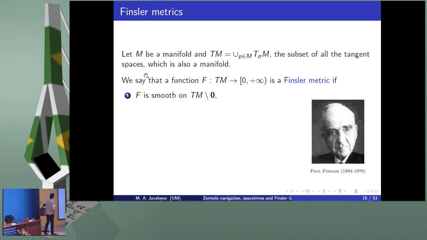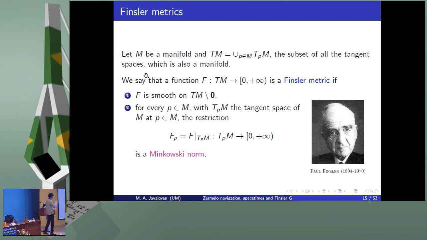So a Finsler metric is a function on the tangent bundle, on this union of tangent spaces, such that it's smooth away from the zero section, the only point where maybe it is not smooth, and the restriction to every tangent space is a Minkowski norm. This is the definition of a Finsler metric.